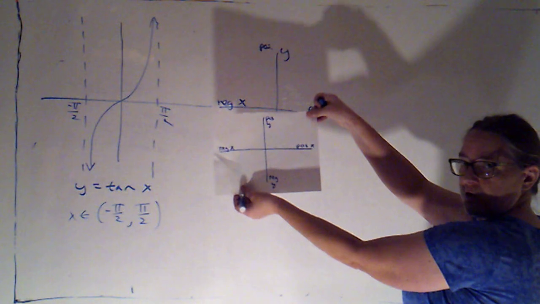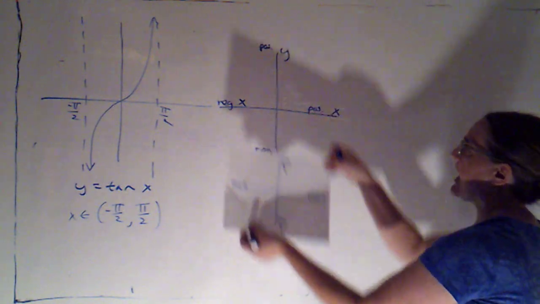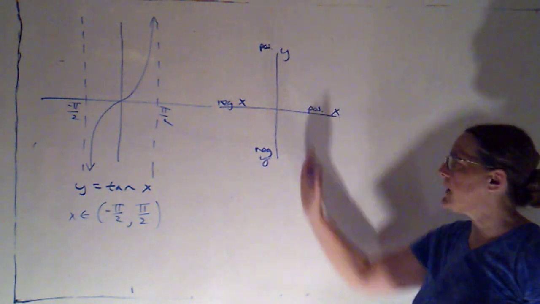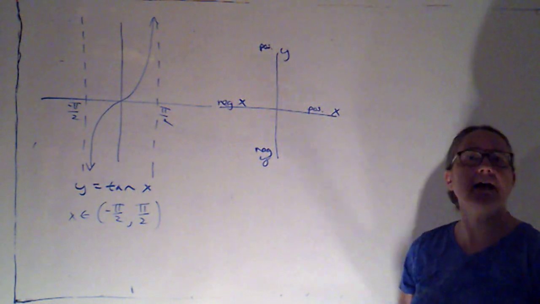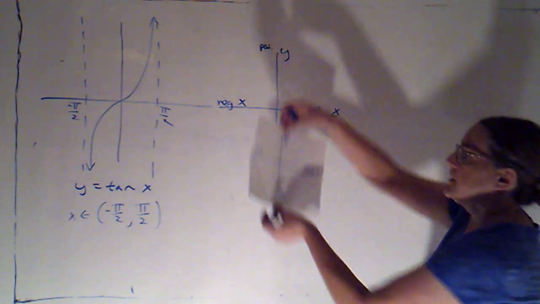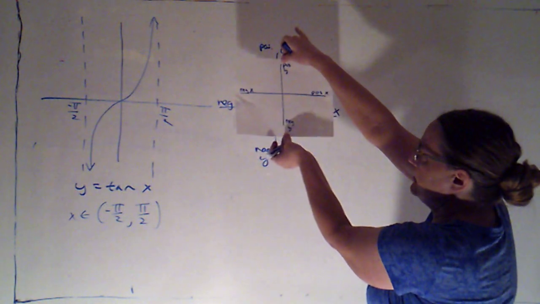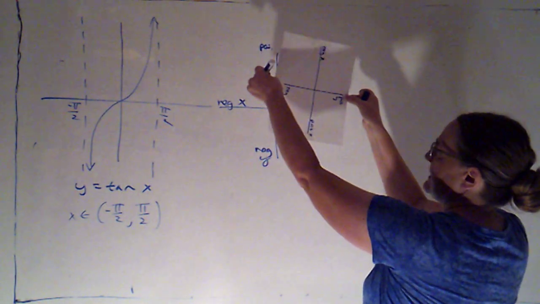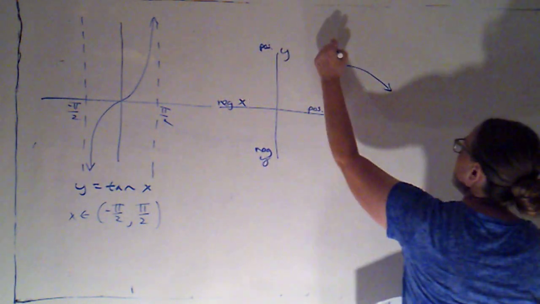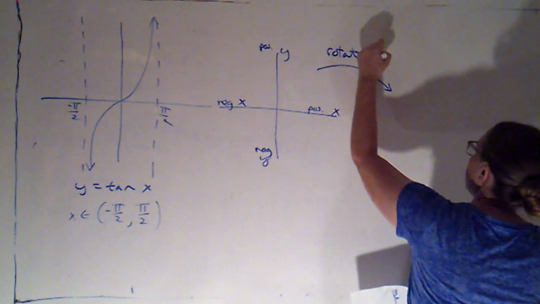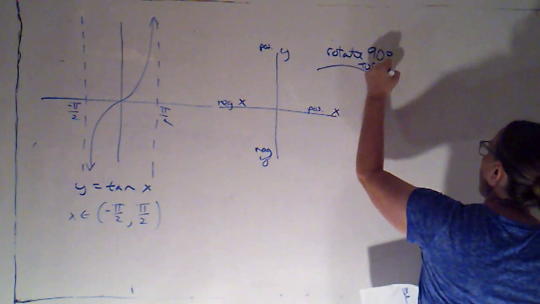Now what I want to do is switch the roles of x and y. So I want this vertical axis to become horizontal, and I want the horizontal axis to become vertical. So I'm going to take my piece of paper and rotate it 90 degrees to the right.